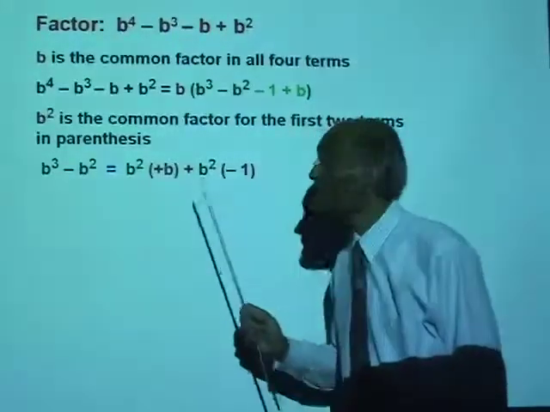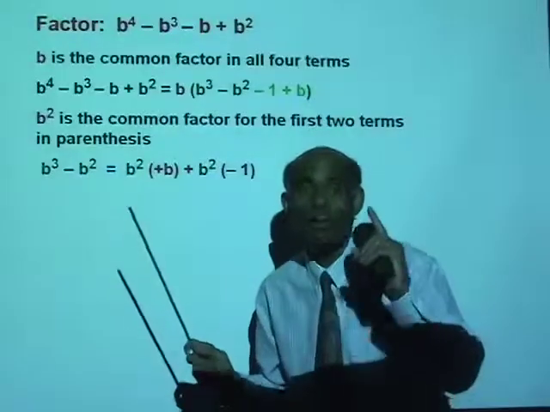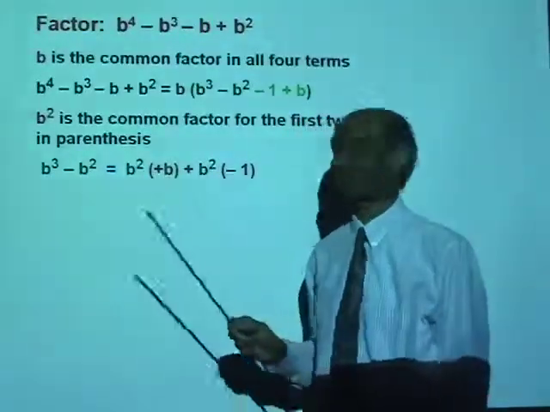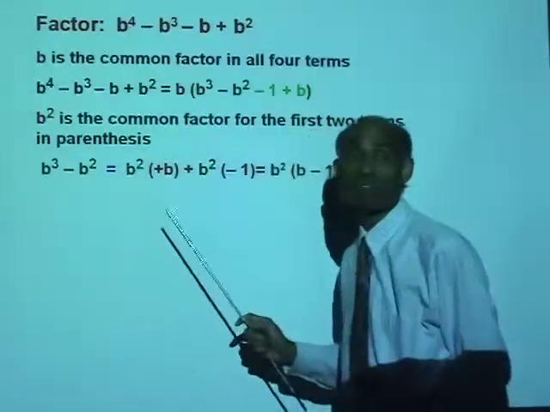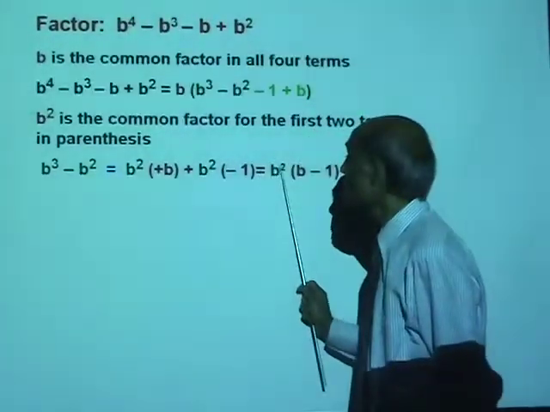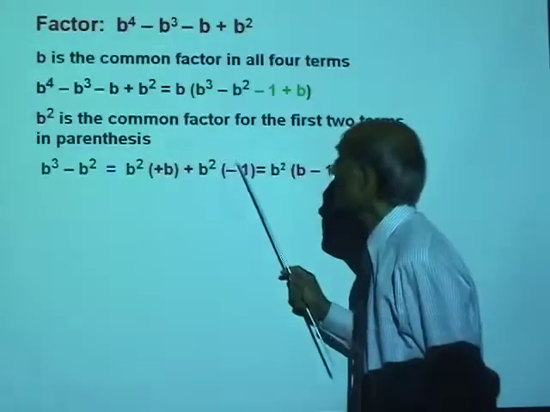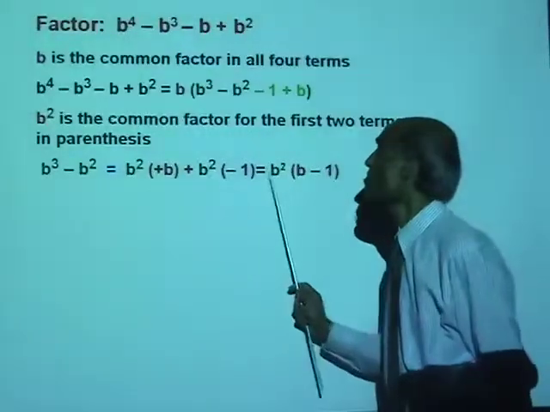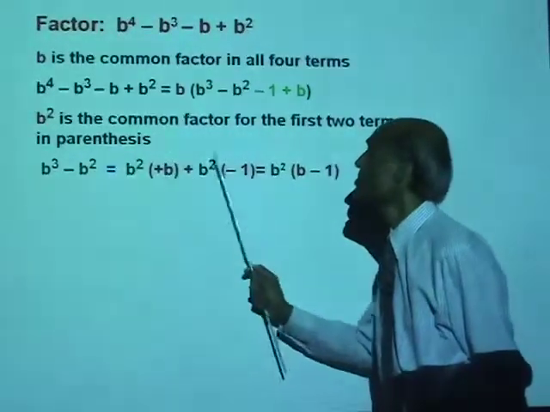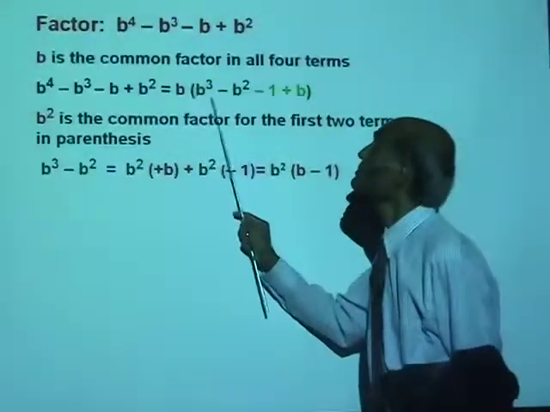Now, I have identified positive b squared as the common factor. Now pull out that common factor b squared, leaving a b in the first term and a minus 1 in the second term. So this will be b squared times b minus 1. That is the first 2 terms.